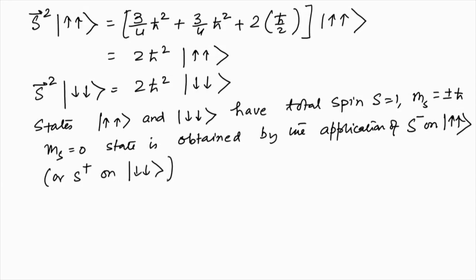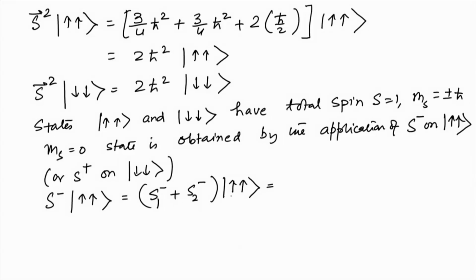So, S plus S minus on the up state gives me S1 minus plus S2 minus on the up state. S1 minus will lower this spin, and this is something that you should have done in quantum mechanics.